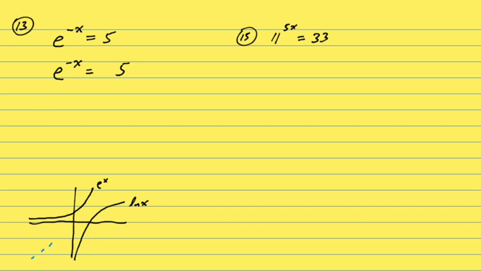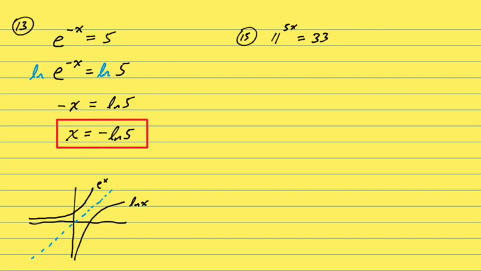All inverse functions graphs are symmetric about the line y equals x. So what I'm saying is the inverse of e-ing is natural logging. So to get rid of the e, I natural log. The natural log and the e eliminate each other, and that gives me this. Multiplied by -1, and you would have your answer.